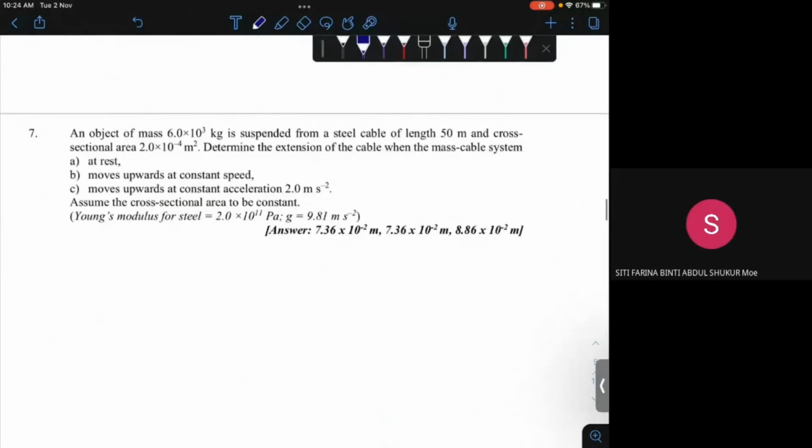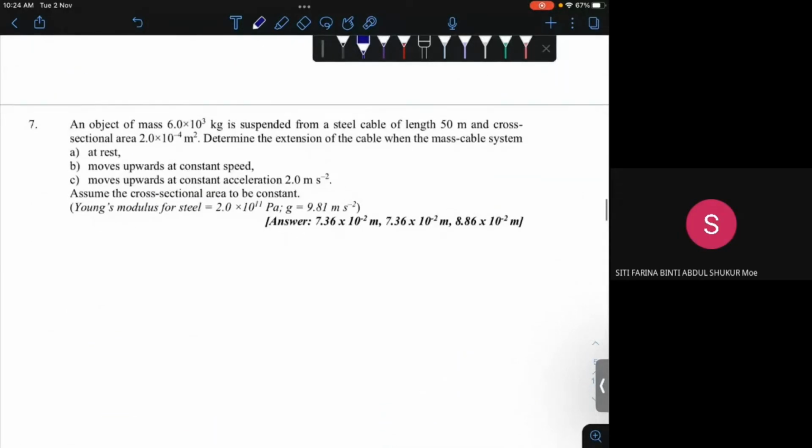Alright, next is question 7. For question 7, what you have here is an object of mass. This is its mass. It is suspended from a steel cable of length 50 meter and cross-sectional area of 2 times 10 to the power negative 4 meter square.